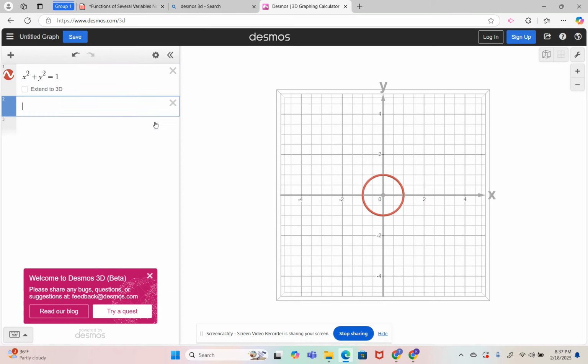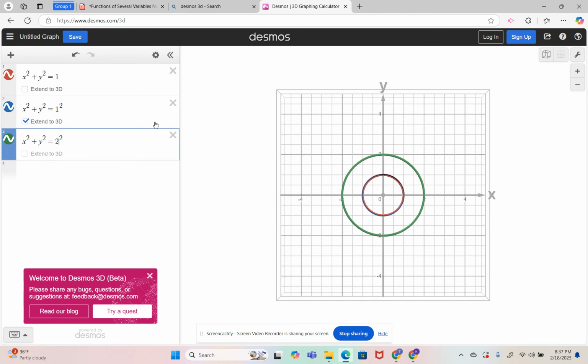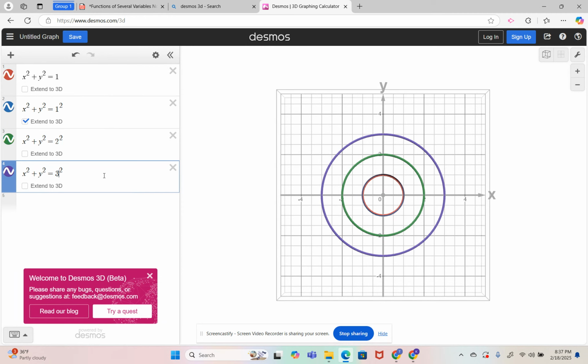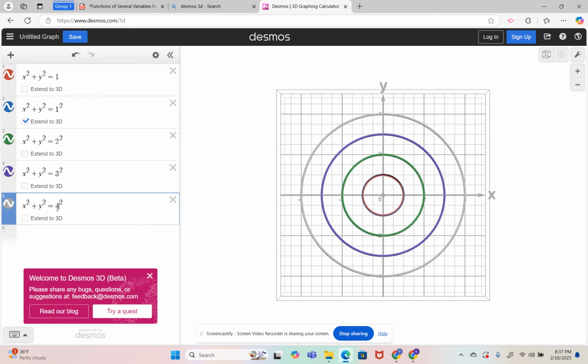Now, I'll show 1. Then when we have 2, this looks way better than my drawing. You see in 2 dimensions what this looks like.